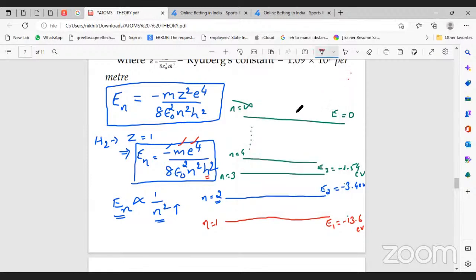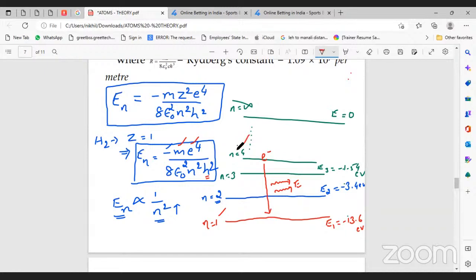Now suppose I consider an electron which is in the fourth orbit. If this electron jumps to a lower orbit, it is going to emit energy. How to calculate this energy E? For example, it is coming from the fourth orbit to the first orbit.